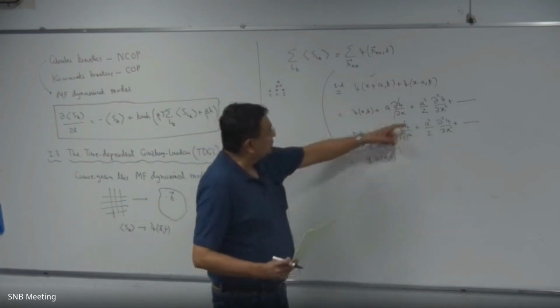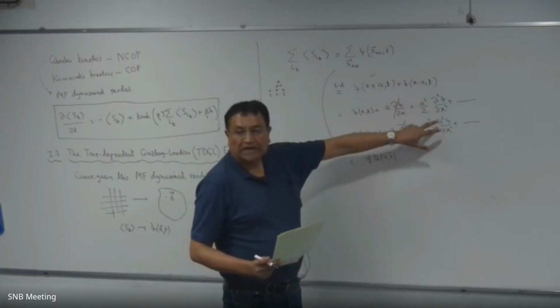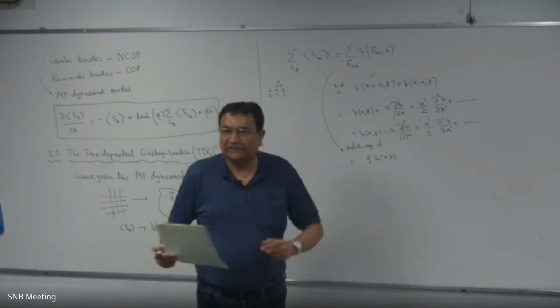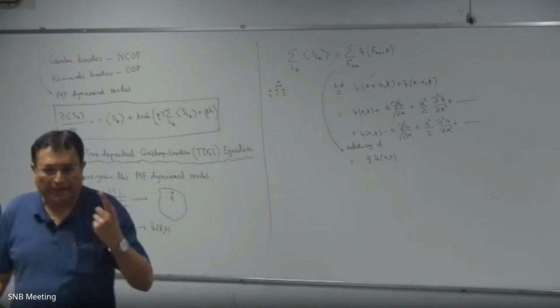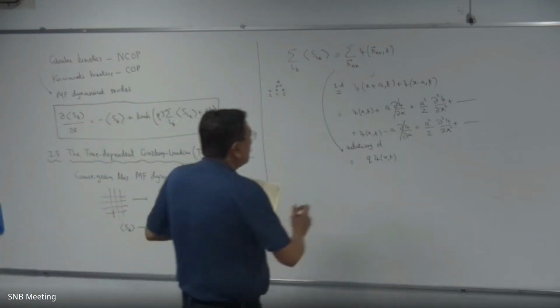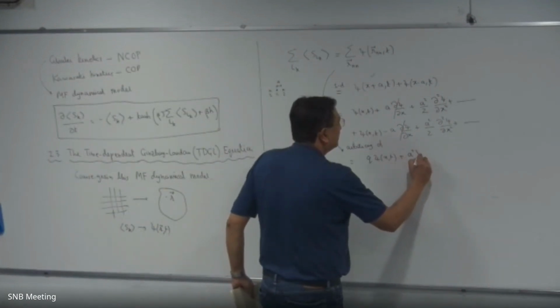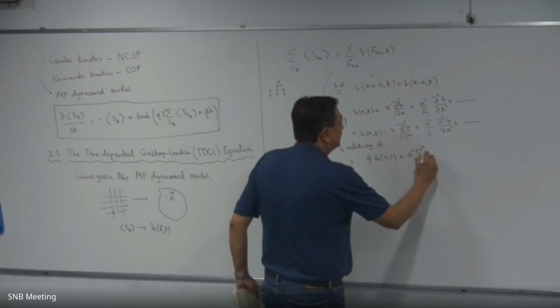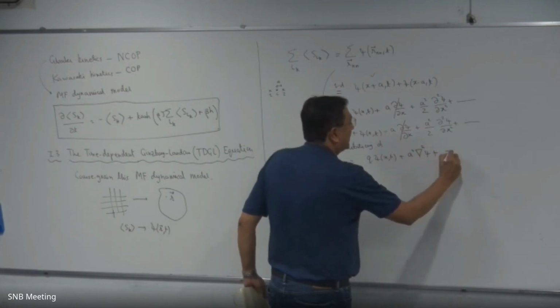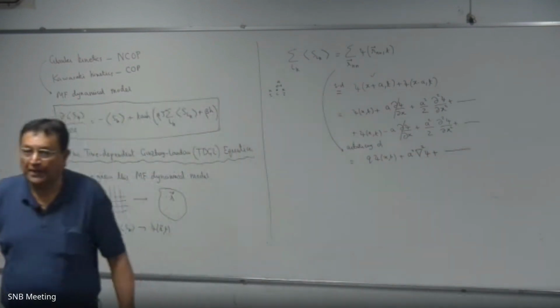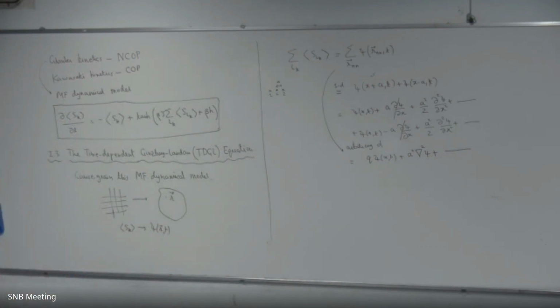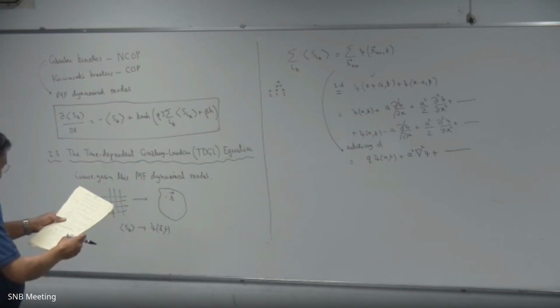And this is going to give me a squared del 2 psi by del x squared. The y direction will give del 2 psi by del y squared, and so on. So this is simply going to give plus a squared grad squared psi plus higher order terms. I'm doing it a little relaxedly, but you should see this done at least once.